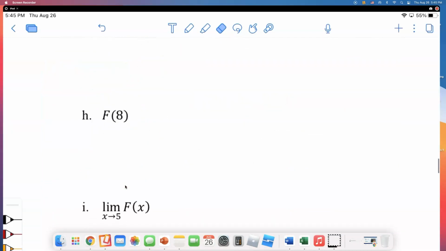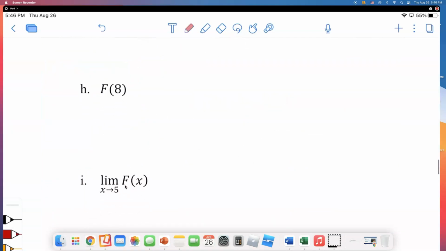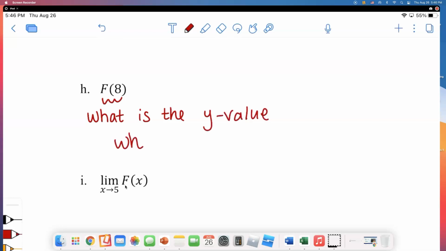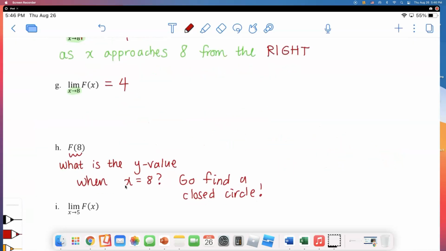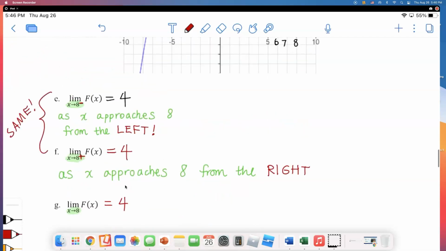In this part, I'm asking you to evaluate f of 8. Okay, so I'm asking you, what is the y value when x equals 8? Go find a closed circle or read a graph, right? But remember when we were looking at those limit problems, we saw an open circle.